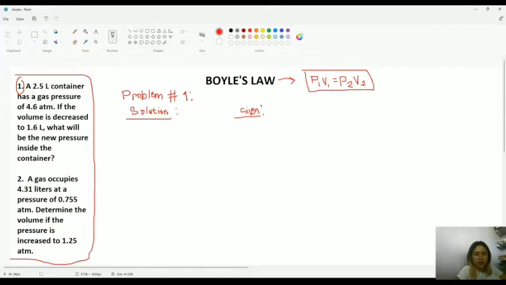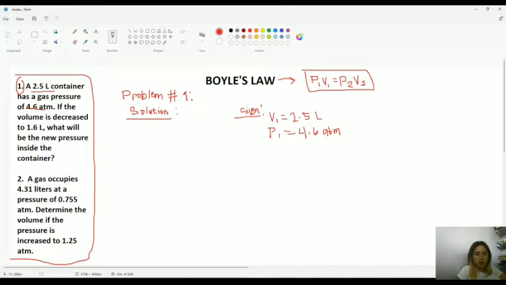So, first is meron tayong initial volume, V1, na 2.5 liters. And, yes, meron tayong initial pressure, that is P1, na 4.6 atmosphere. Take note sa mga unit kasi yan yung magiging reference nyo if pressure ba yan or volume.